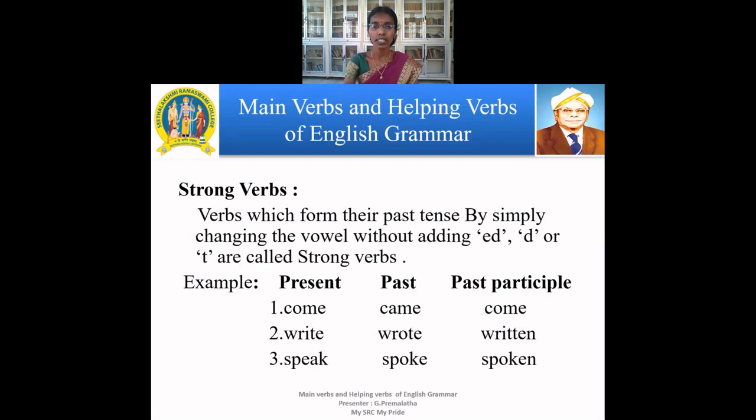Those verbs are called strong verbs. If we never add d or ed or t along with the V1 verb, that comes under the category of strong verbs. In the category of strong verbs, we have 3 different forms V1, V2 and V3.